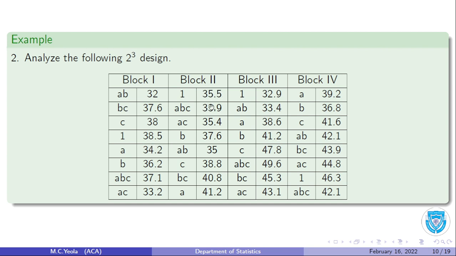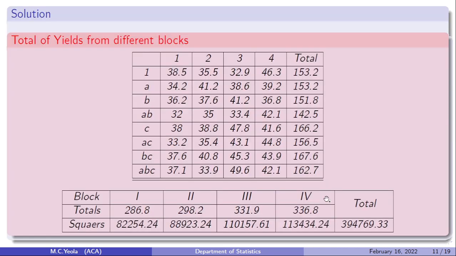Here 35.5, and here 32.9, here 46.3. All those values we put here. Just see all those 4 values we are having pasted here. Total we have taken of this. Similarly for all the treatment combination, we take the values from the given example and we'll write here and take the total of those values over here.